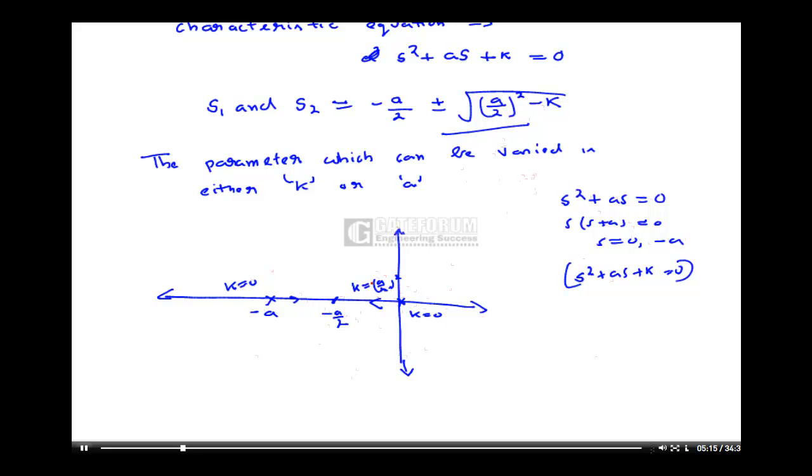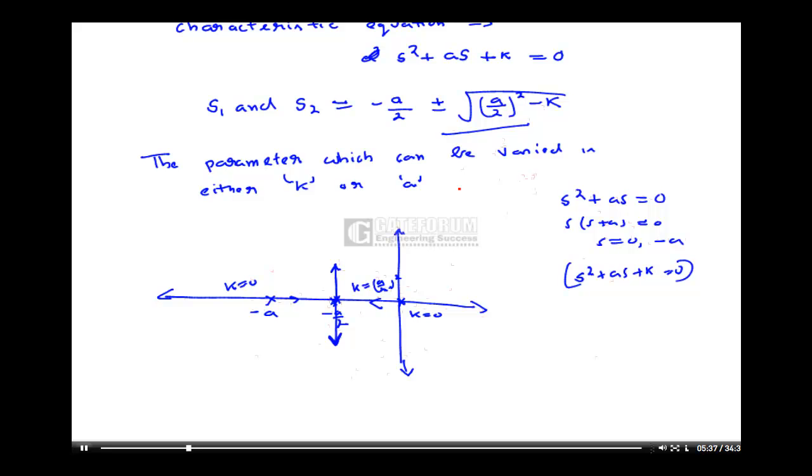After this, these two roots or poles will come at one position, and after this these two poles will move apart. The angle of departure of these poles depends on the number of poles arriving. Since here 2 poles are arriving, the angle in this case is 180 upon 2.